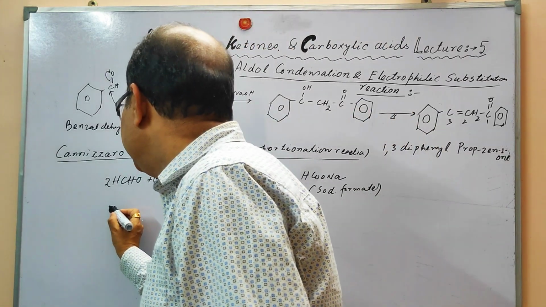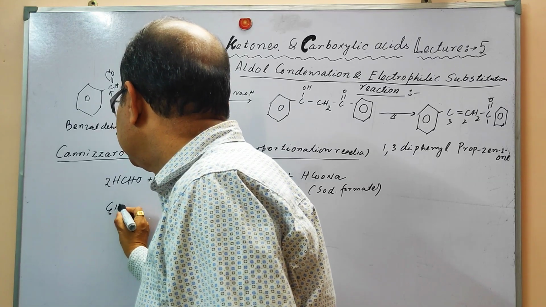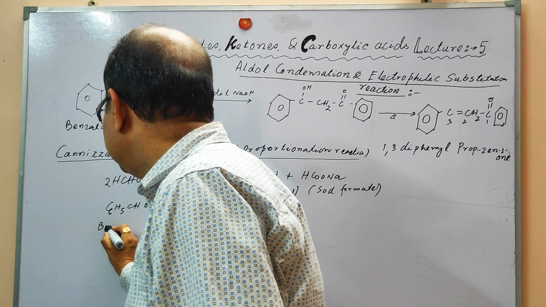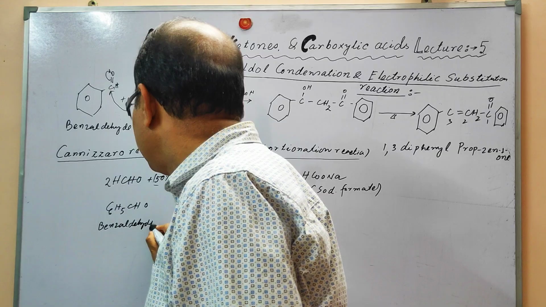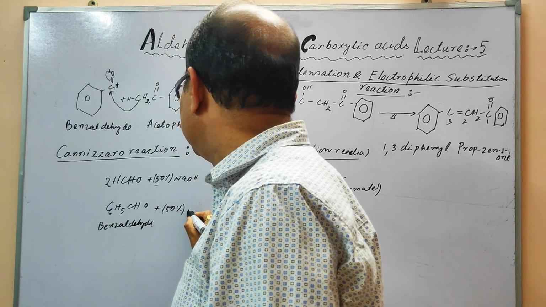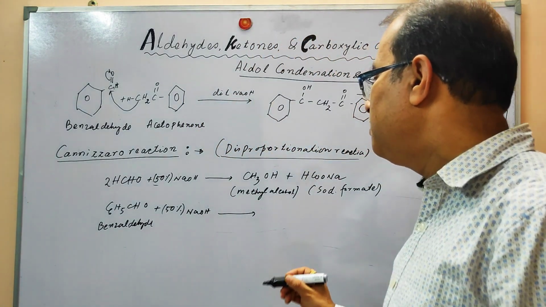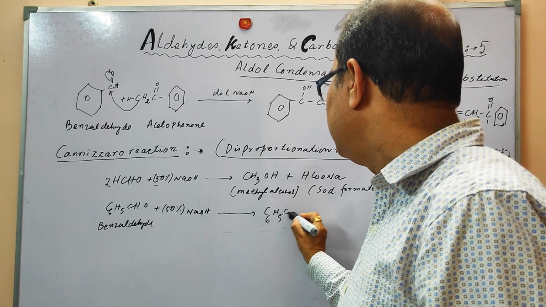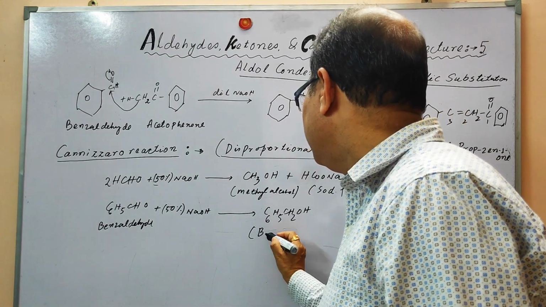In the same fashion, in the case of aromatic aldehyde also we can observe this. C6H5CHO. This is benzaldehyde, and in the presence of 50% NaOH, it is going to produce benzyl alcohol. This is benzyl alcohol.